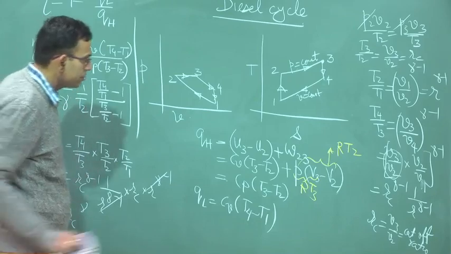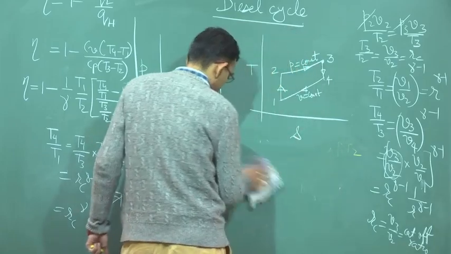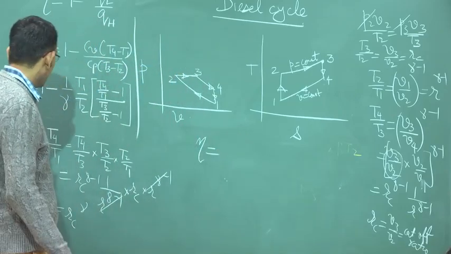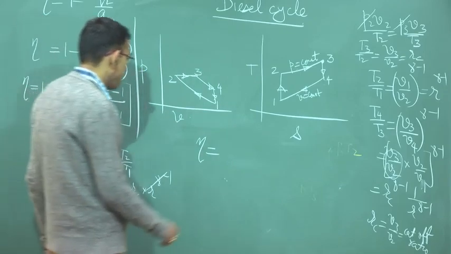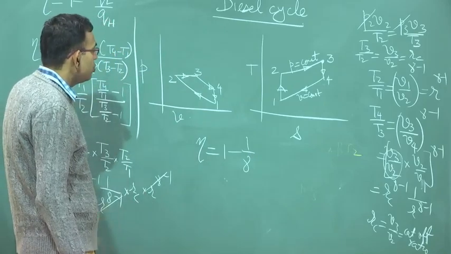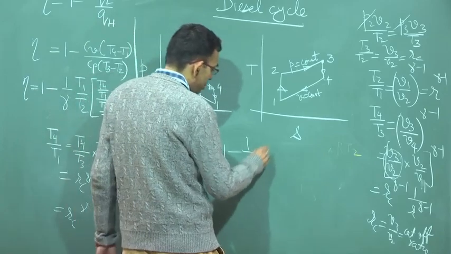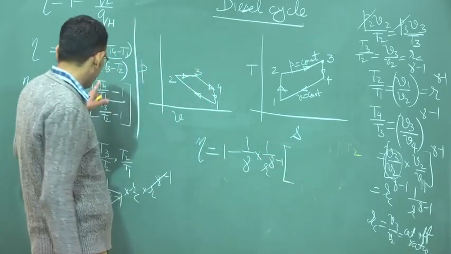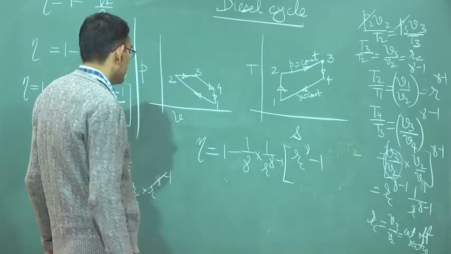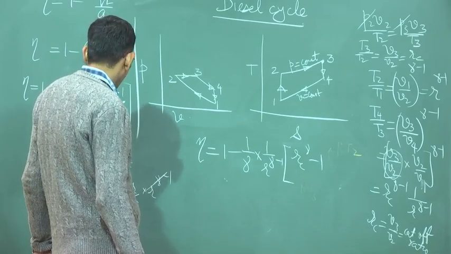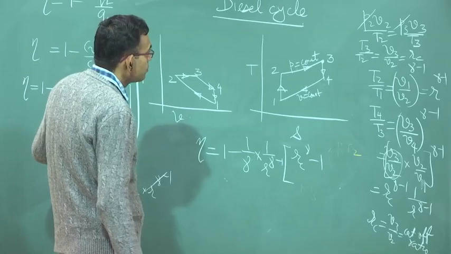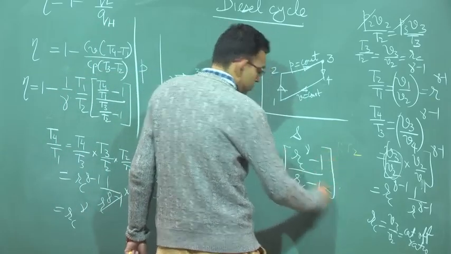Therefore, what is the efficiency expression? 1 minus 1 by gamma into T1 by T2, where T1 by T2 is 1 by R to the power gamma minus 1, into (T4 by T1 minus 1), so RC to the power gamma minus 1, divided by T3 by T2 minus 1, which is RC minus 1.